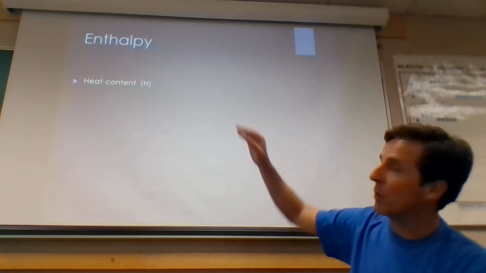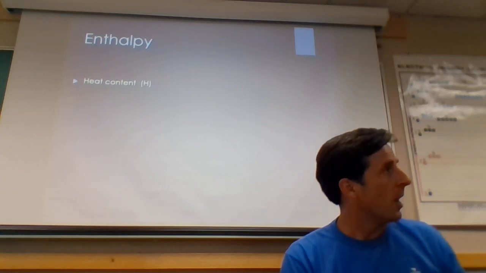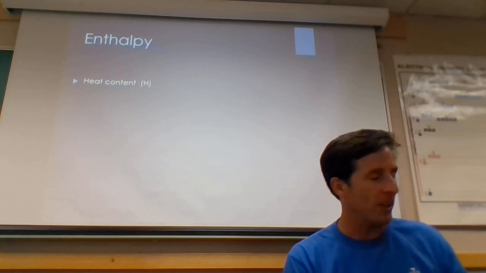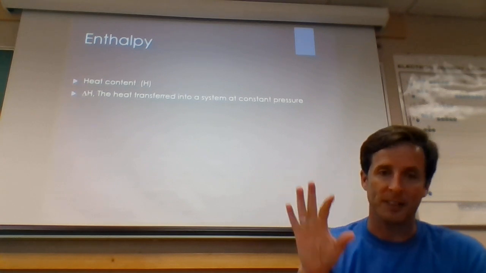First of all, the word enthalpy is just a fancy chemistry word that stands for the heat content of a sample. So we use the letter H to stand for the enthalpy. But then most of the time we don't refer to enthalpy as a single thing.